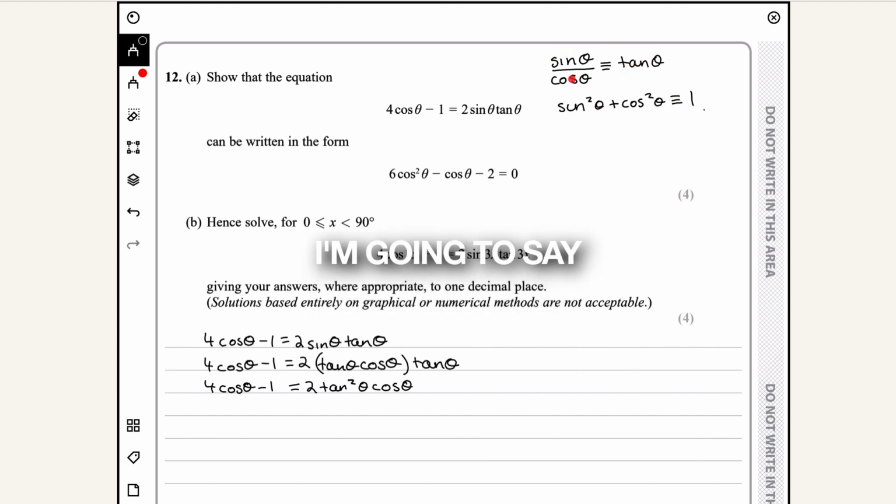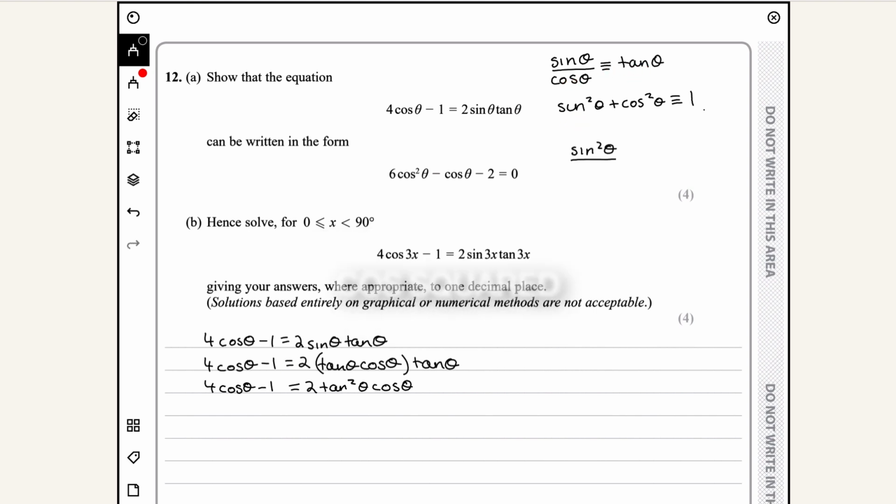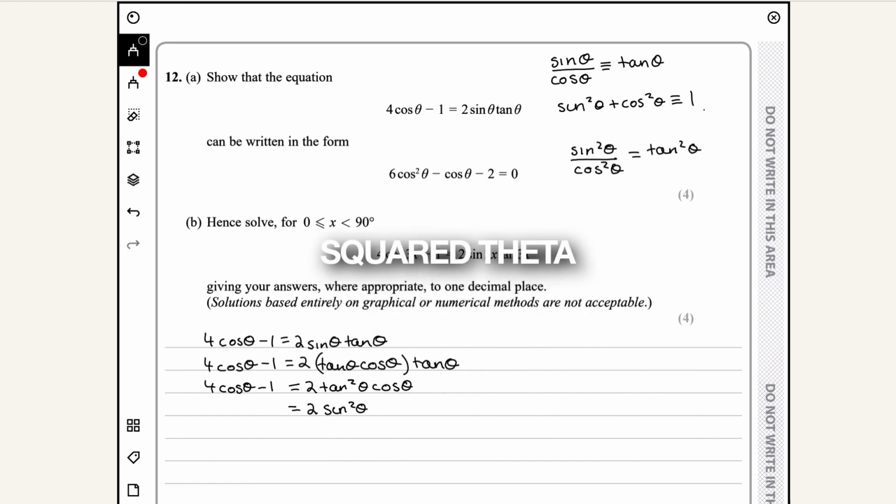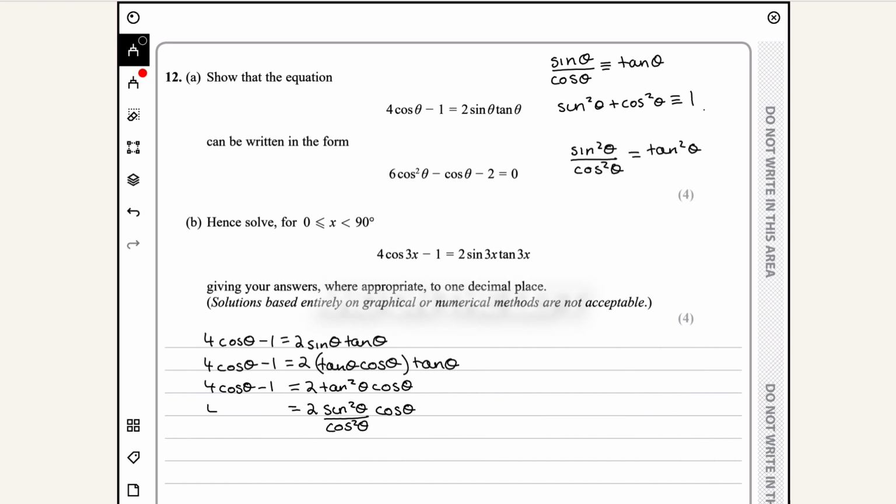First, if sin theta over cos theta is the same as tan theta, then sin squared theta over cos squared theta is the same as tan squared theta. So I can replace that here. I will end up with sin squared theta over cos squared theta multiplied by cos theta, and on the left hand side I still have this.